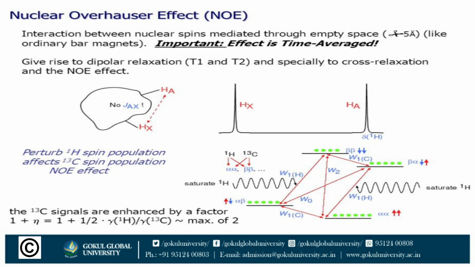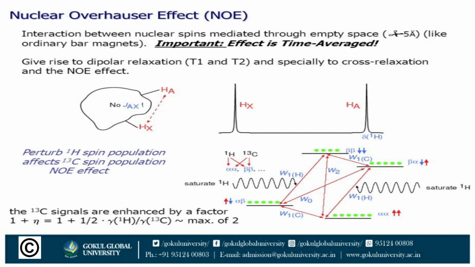This is similar to carbon spectroscopy of 13C in the NOE effect. When the carbon transitions W1 or W2 occur, the carbon intensity increases for alpha alpha and beta beta. If 1H alpha and 13C alpha, then both are increased at the same time, and the beta also increases at the same time, similar to HA and HX.